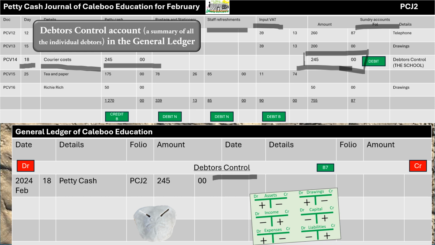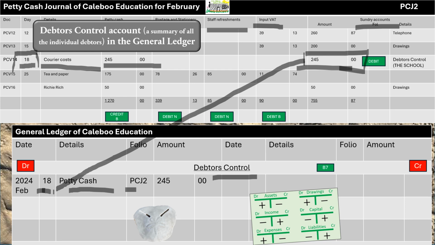And if you remember, if a transaction is recorded under sundry, the transaction needs to be posted to the general ledger on the day the transaction took place. So in debtors control, under details we have petty cash, it was the 18th.